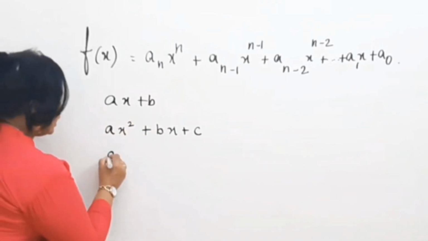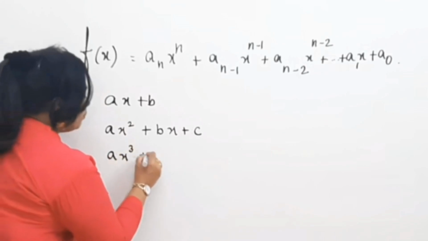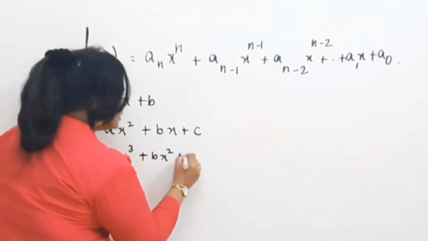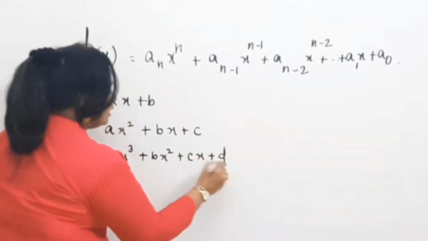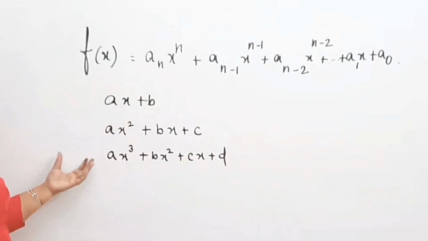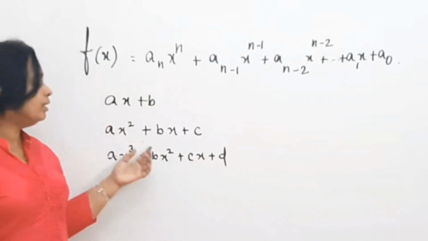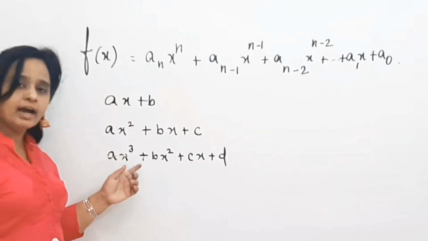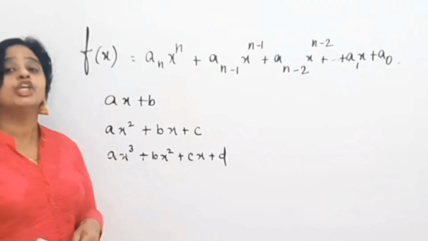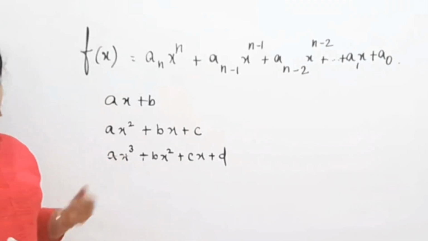Now I extend: ax cube plus bx square plus cx plus d, where the highest power of this variable is 3. So we say that this is a cubic polynomial, power 3 polynomial.